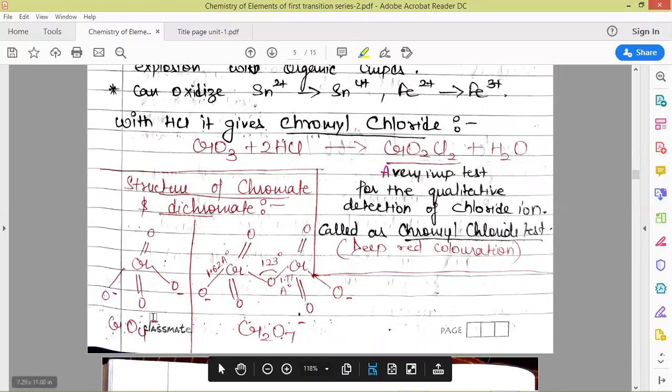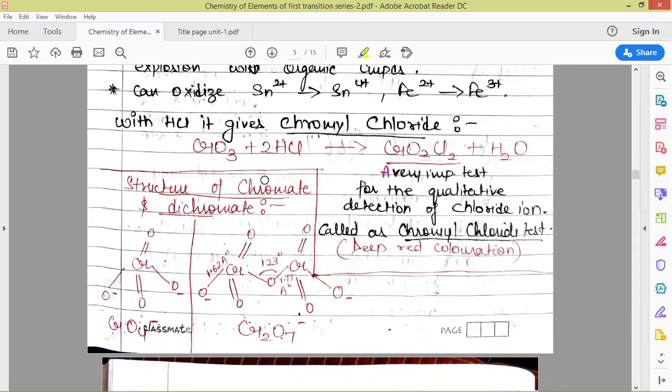In case of dichromate, it is Cr2O7 2 negative. If we compare both these structures, one oxygen is present as a bridge in between the two chromiums.